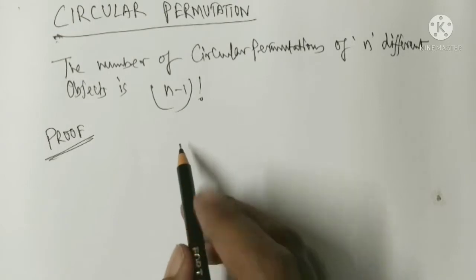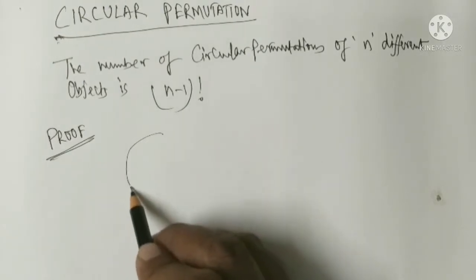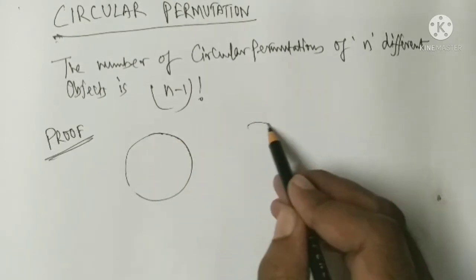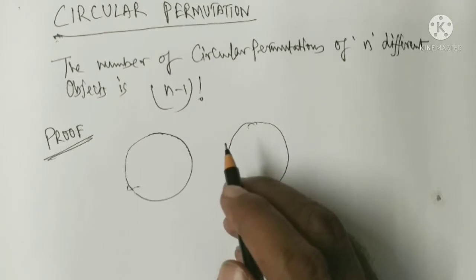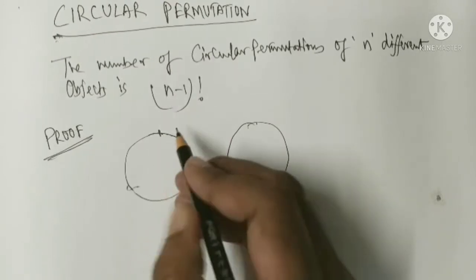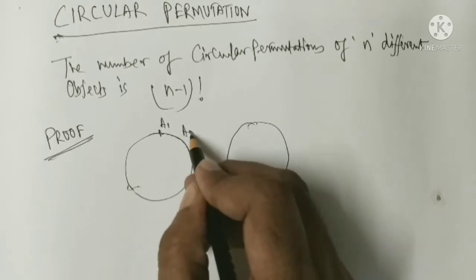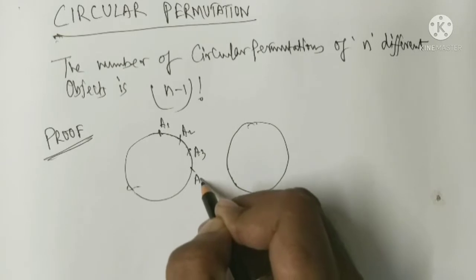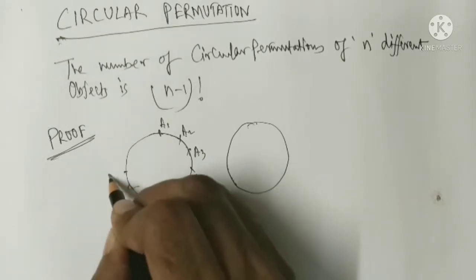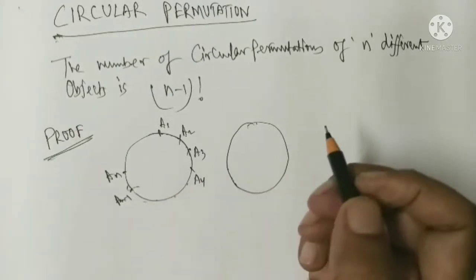Suppose the term circular we consider here in this way or in this way. Both are circle, and we can start from here. This is A1, this is A2, this is A3, this is A4, and so on. This is An, and the previous is An minus 1.